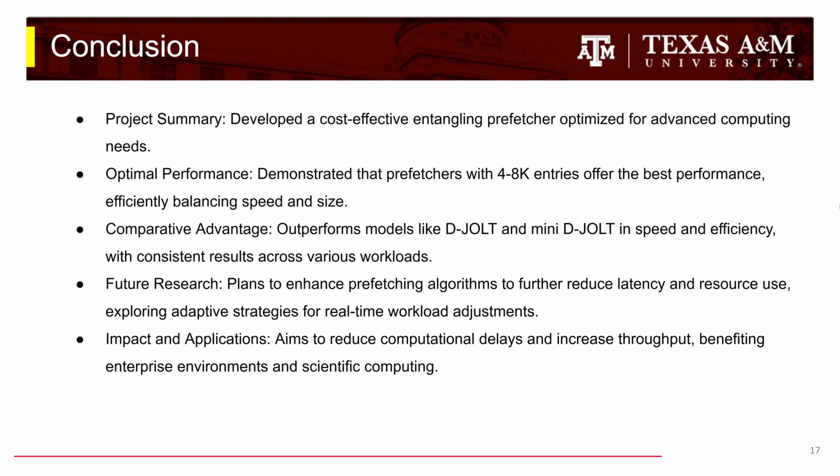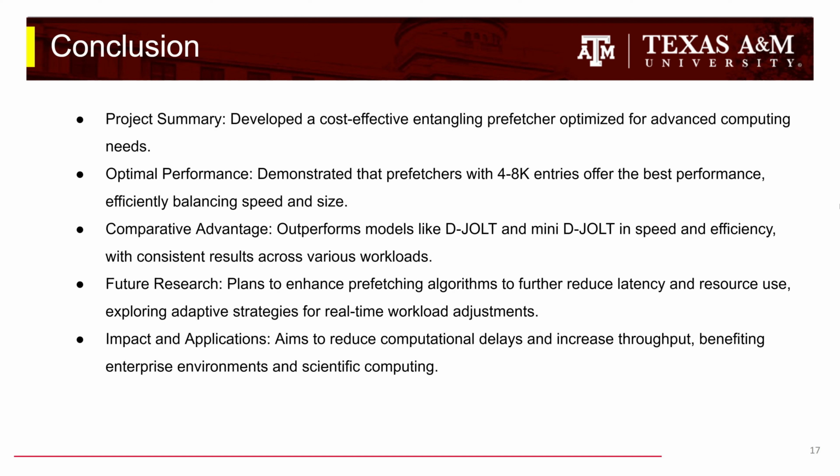To conclude our discussion, let's summarize the breakthroughs we have made with our innovative entangling prefetcher technology. Our team developed a prefetching system that not only speeds up computers but does so in a way that's efficient and practical. We found that our system works best when configured with between 4,000 and 8,000 entries.